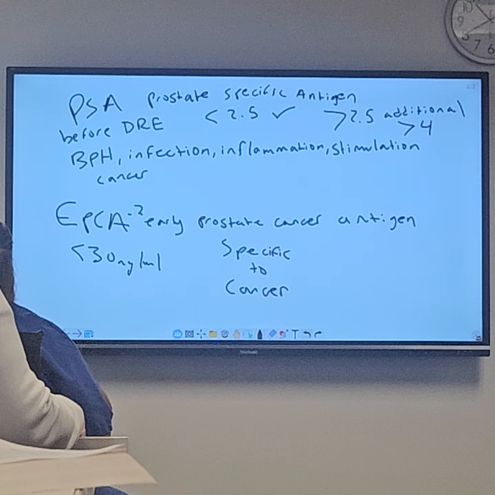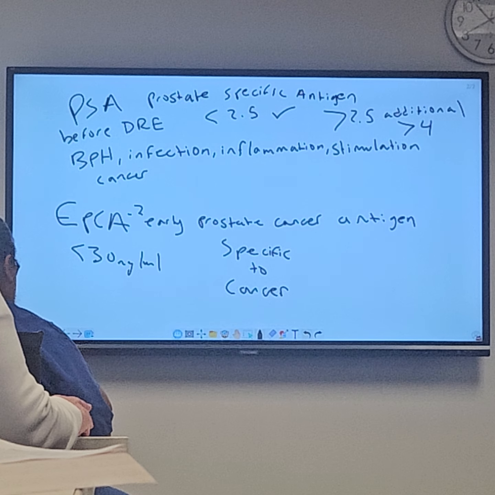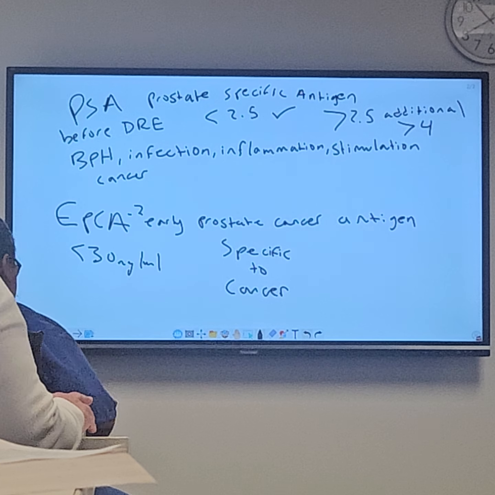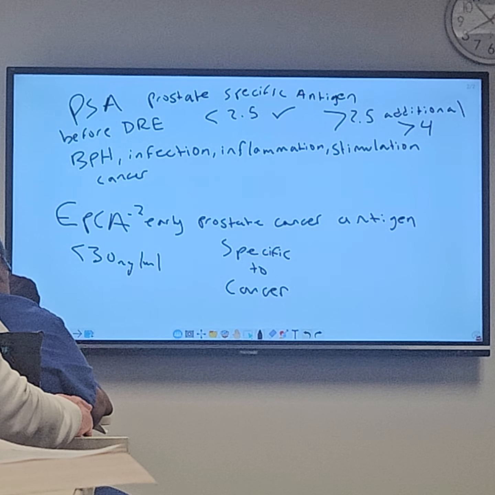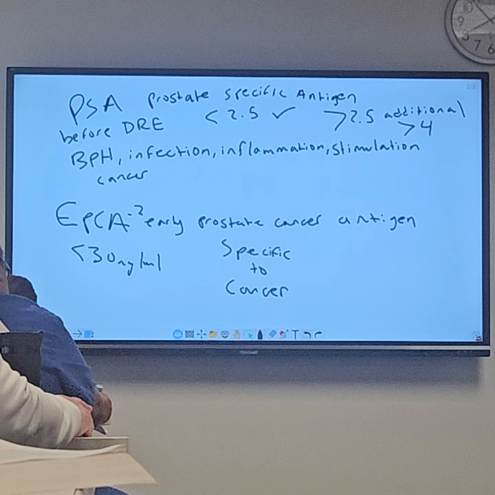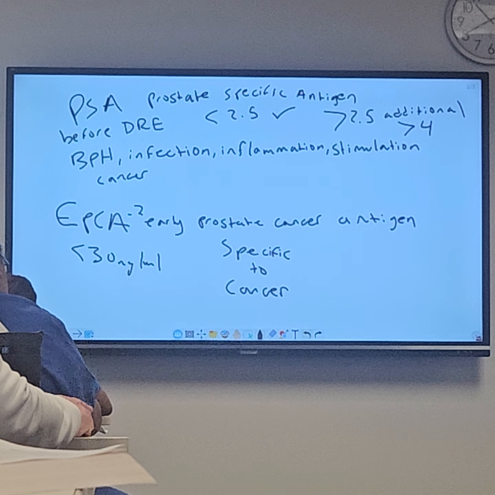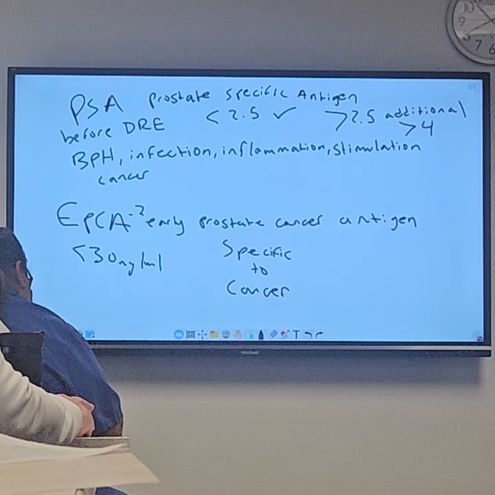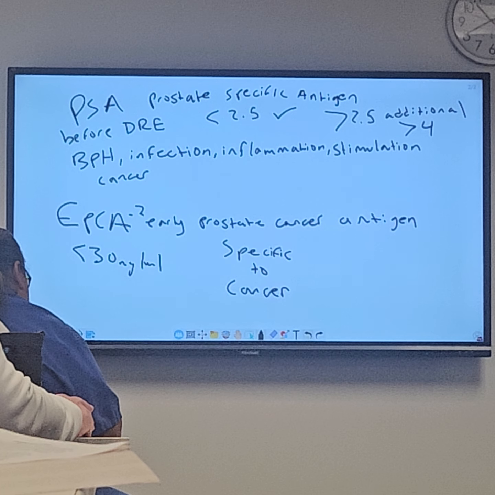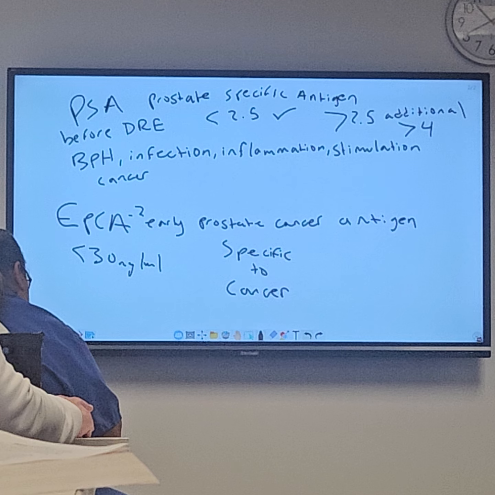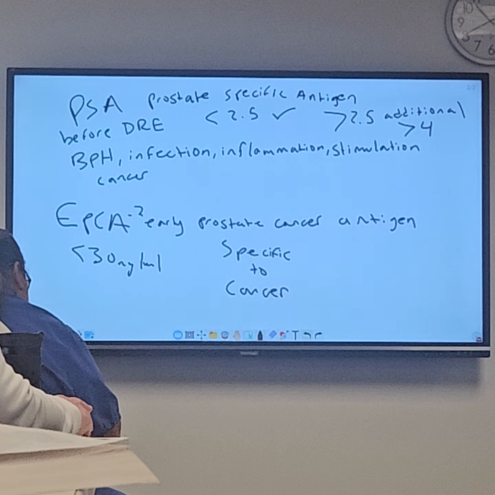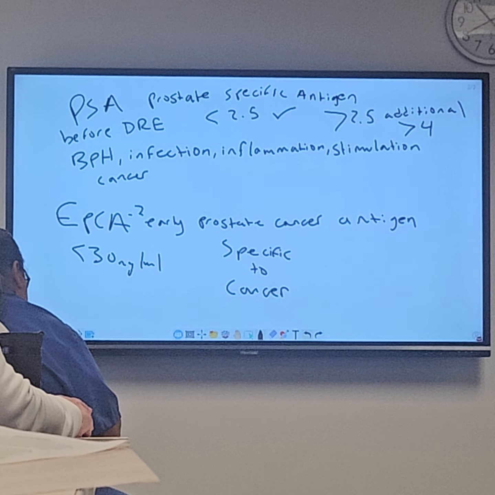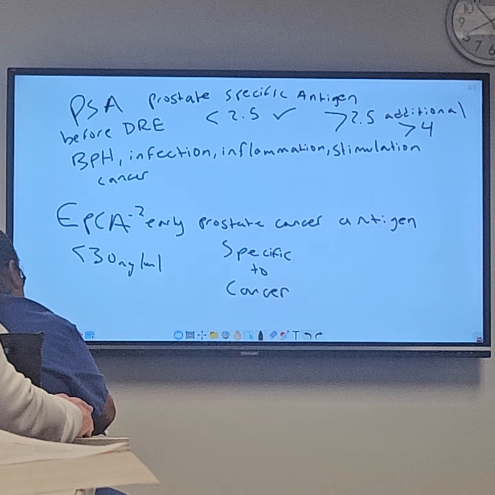All right. Look at the right side of page 427. Transrectal ultrasound and prostate biopsy. Just like it sounds, a probe will be inserted in the rectum and an ultrasound will be taken of the prostate, and possibly a biopsy. This is again to detect and or try to confirm prostate cancer.